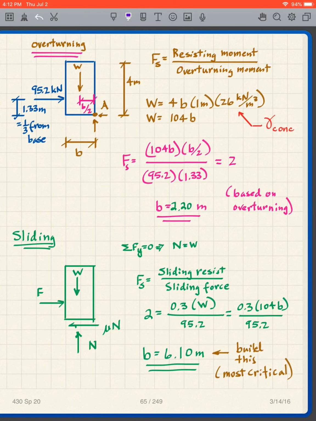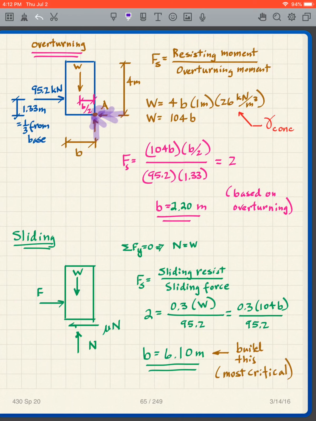Let's look at sliding. Sliding, we have a slightly different free body diagram. Why do we have a different free body diagram? Because for overturning, we assume that we're pivoting about this point, and the wall is only touching at that point, which means we have a force here and a force there, but they both go through point A, so I don't need to know what those forces are.